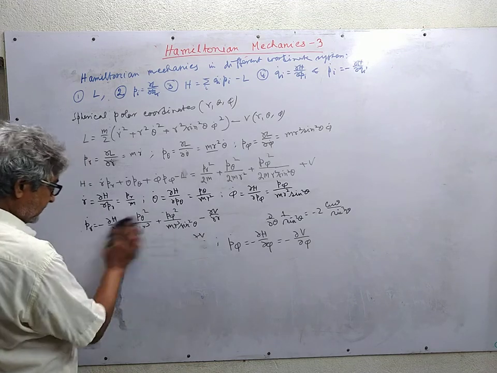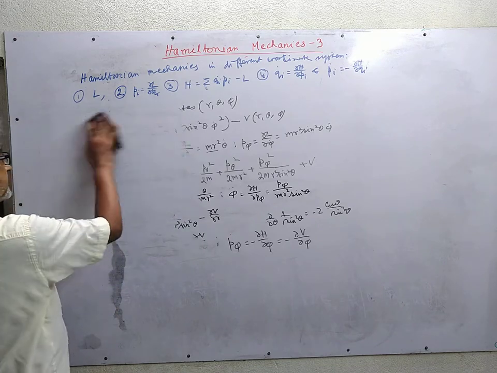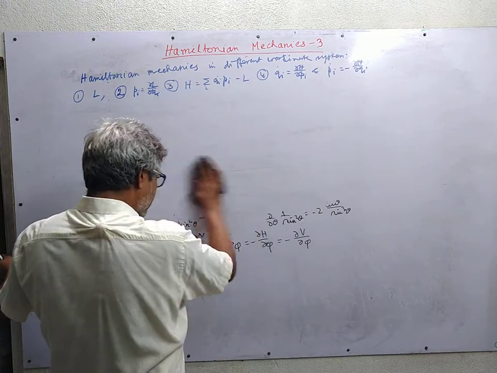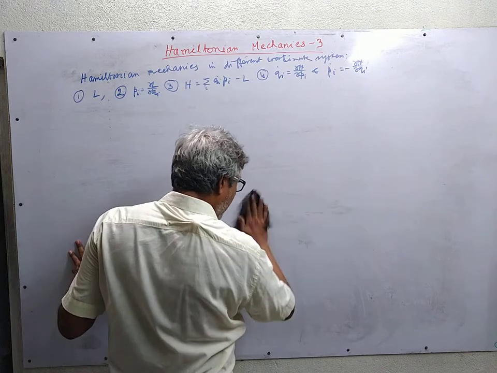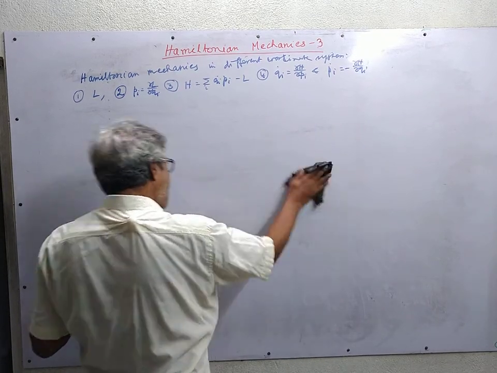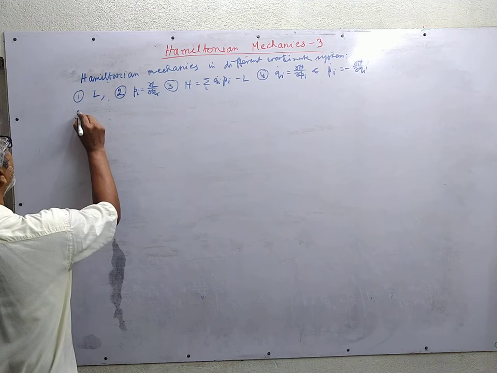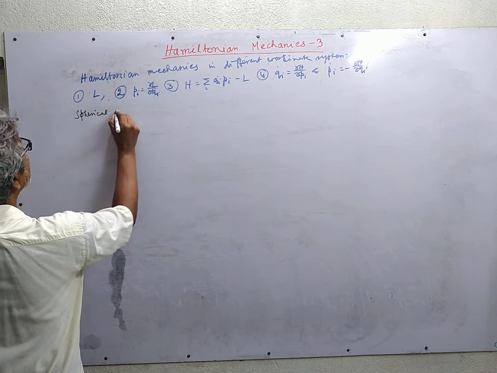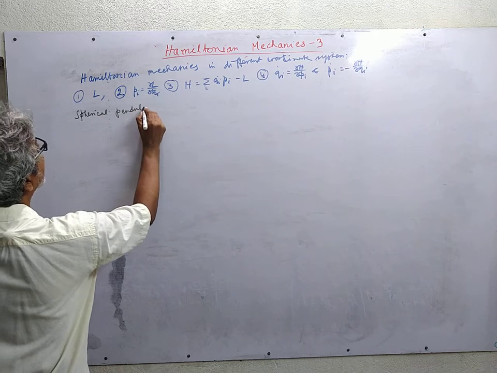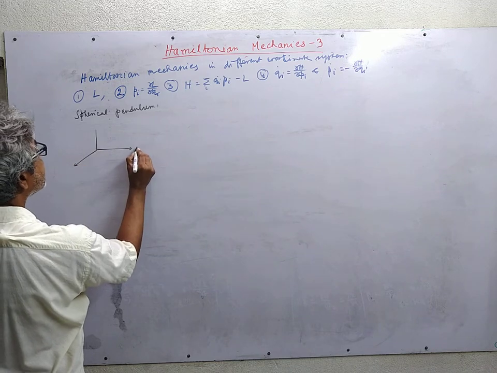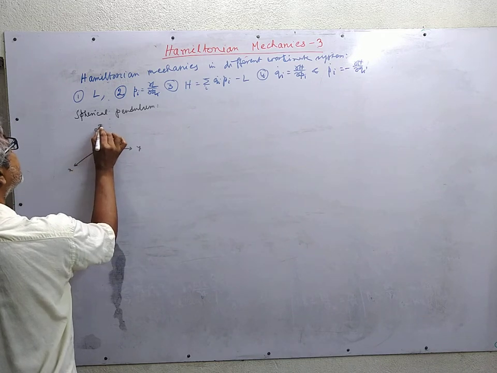We shall consider the spherical pendulum problem now. A spherical pendulum is a point mass suspended from a fixed point by a massless string of fixed length, and the particle can move over the surface of a sphere of radius L. So the situation is that this is the xy plane and this is the z axis, vertical.